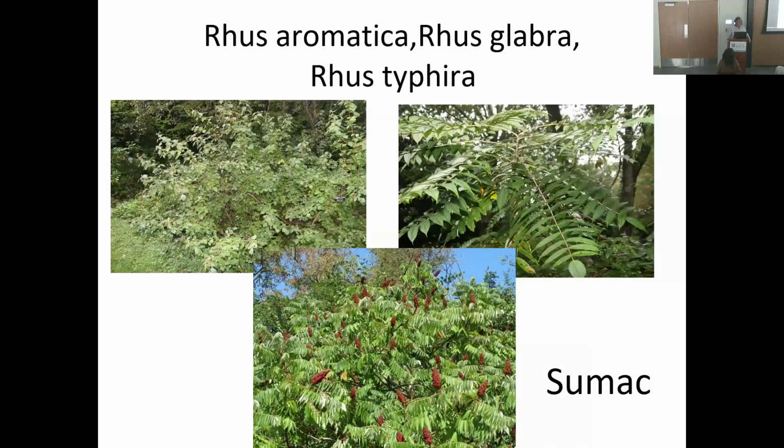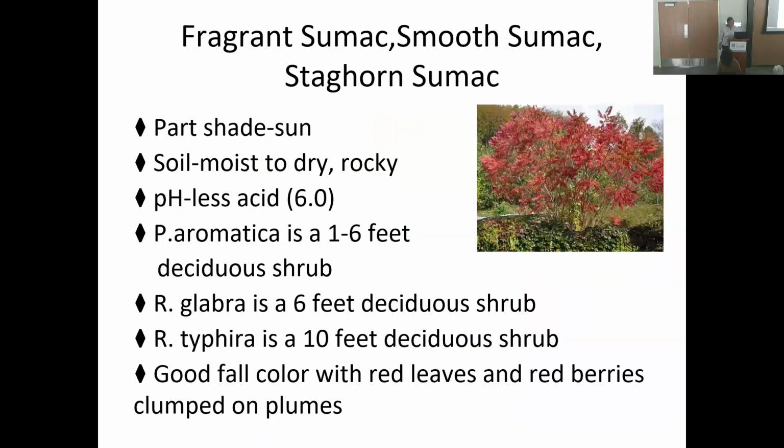Another one I added, sumac. I love this plant. There are 3 different ones here. The Rhus aromatica is the first one up there on the left, and it is a smaller one. And then you've got 2 bigger ones, the smooth sumac, and then the staghorn sumac. You'll see this often growing on the roadsides.